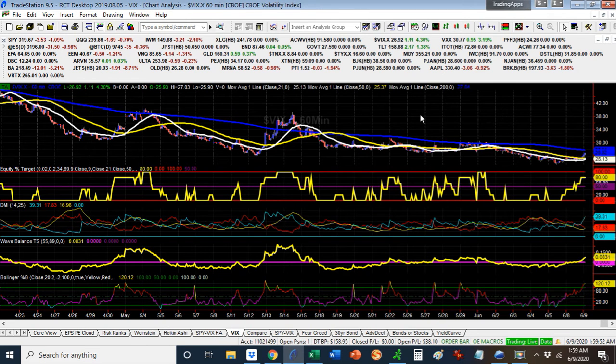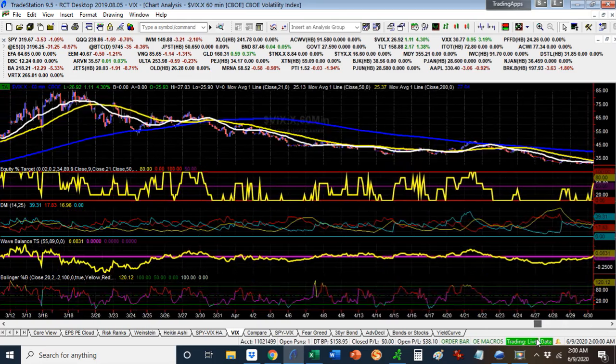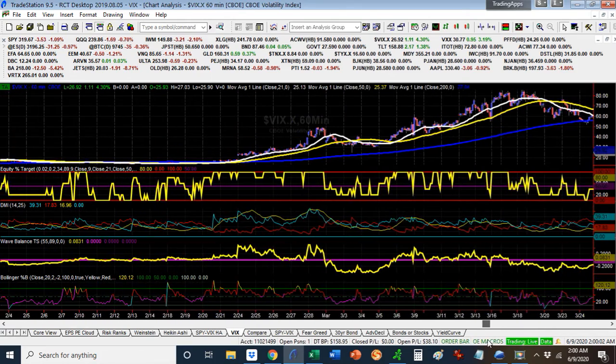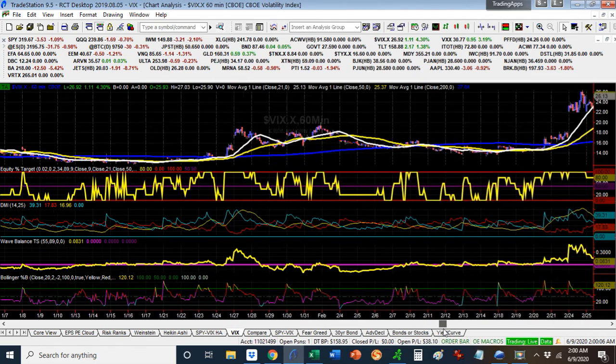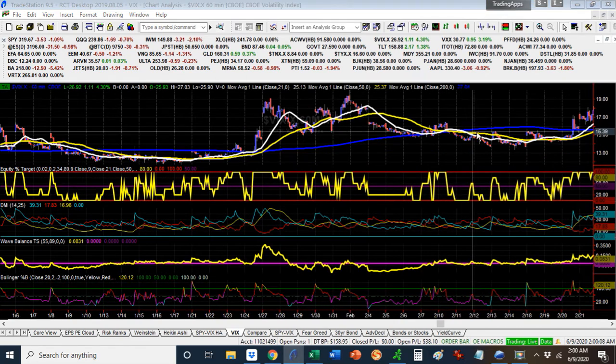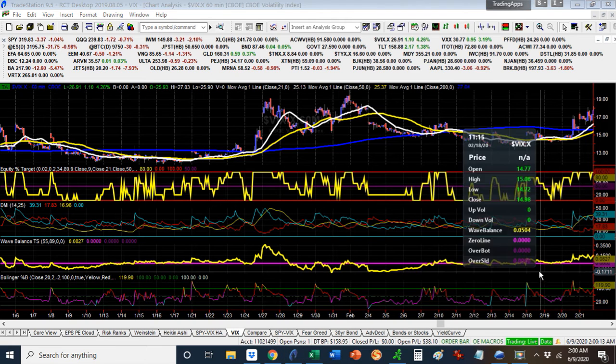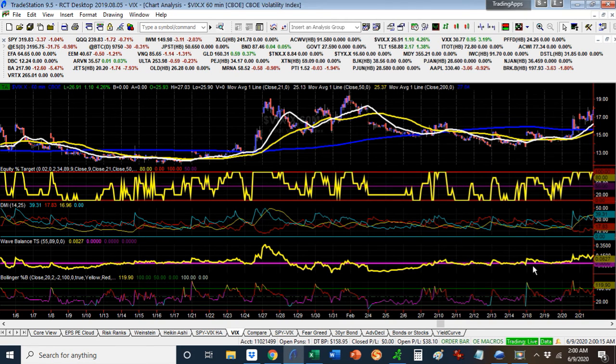As a short-term timing mechanism, the VIX is one of the better indicators that I've seen. If you take a look at how it behaved right near the peak of the market, you'll see here when VIX was just very sleepy in the teens range, you can start to see that the volatility started to get positive about February 18th or so.